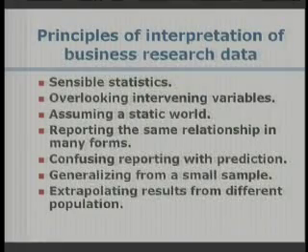And so, sensible statistics may be needed, and sometimes we overlook the intervening variables. We assume the world as a static world. We have discussed in many other contexts that the world is a dynamic world, ever changing, changing every day. And if you assume the world as a static world, your interpretation might also get affected.